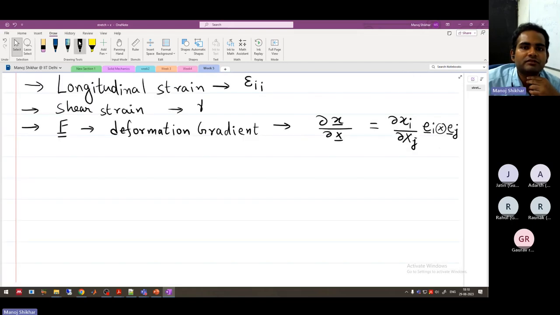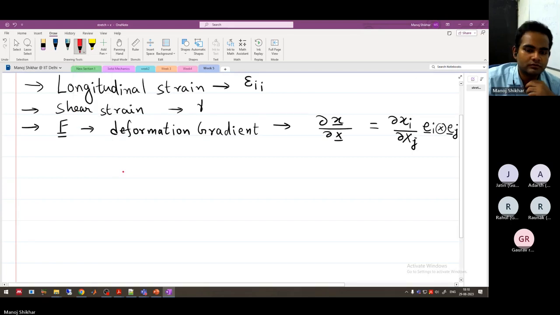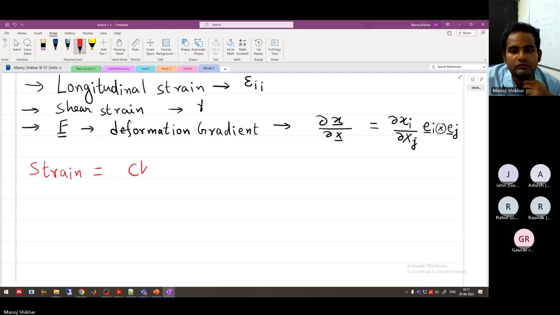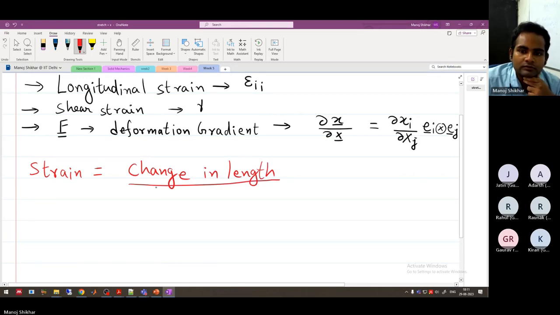The basic definition which you may have studied in school was: strain is change in length by original length.